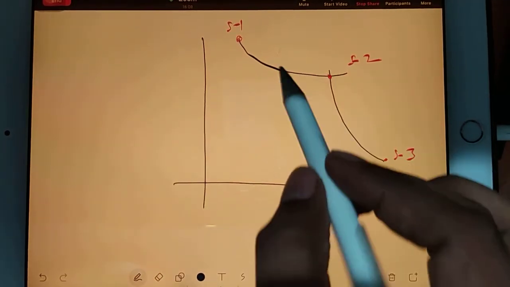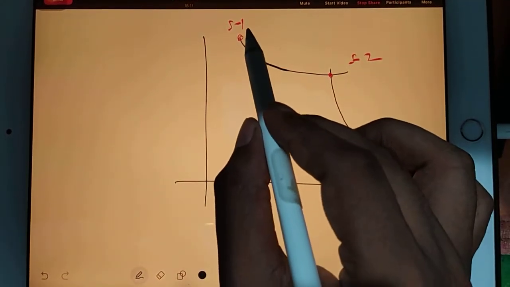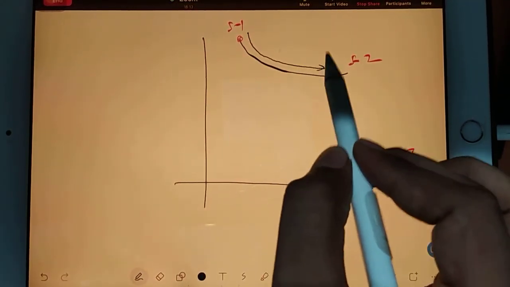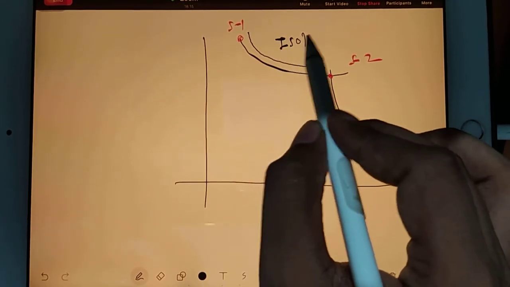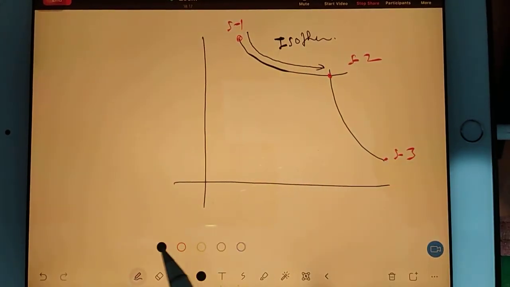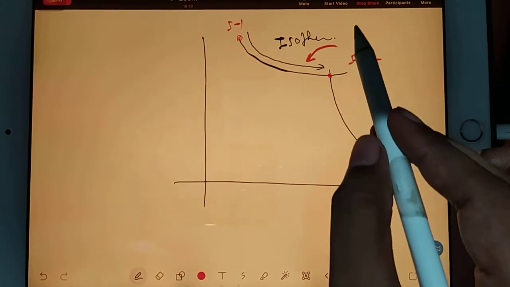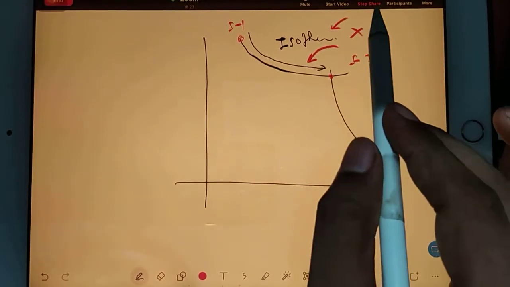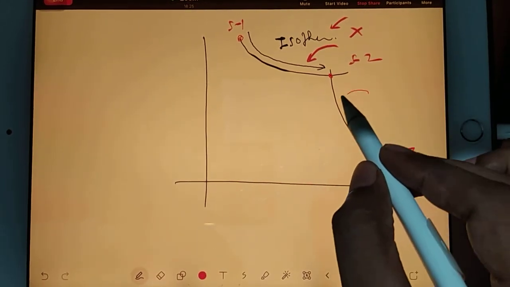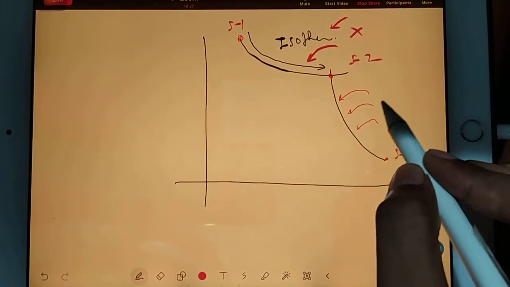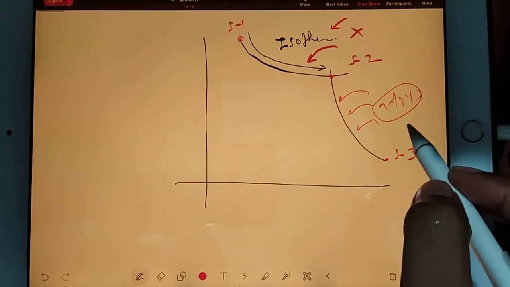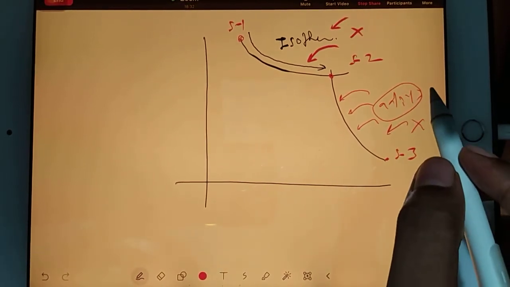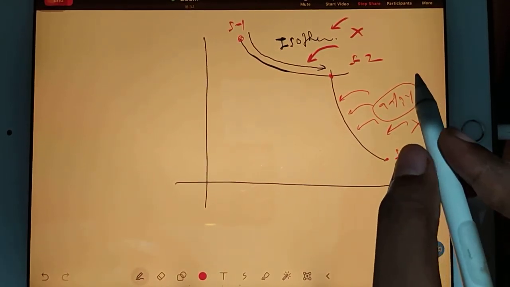Now see, I said that in this process, which is isothermal, entropy will be 0, but that was a mistake. No, entropy will not be 0. Some change will be there in the entropy. But here, what process is this? Adiabatic. Adiabatic means which property is not being transferred?